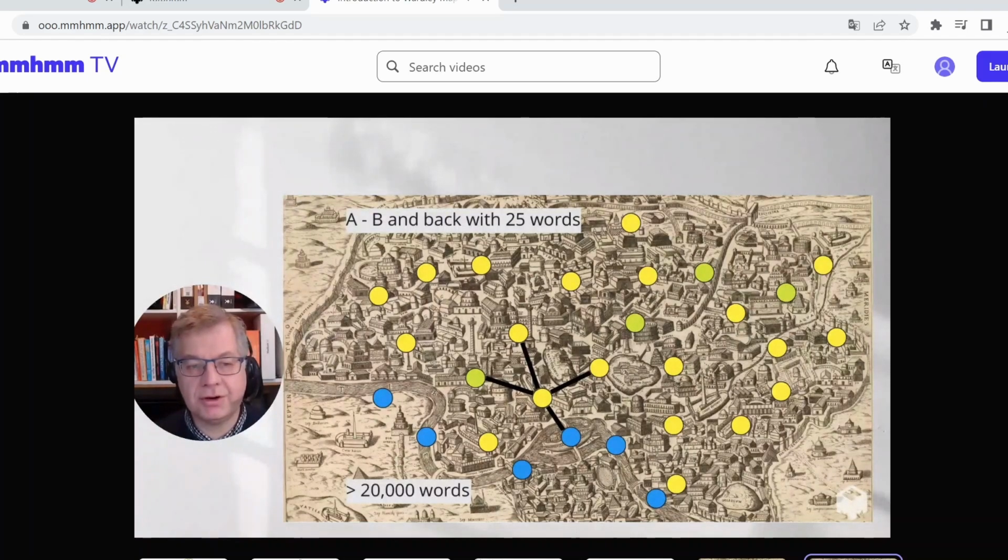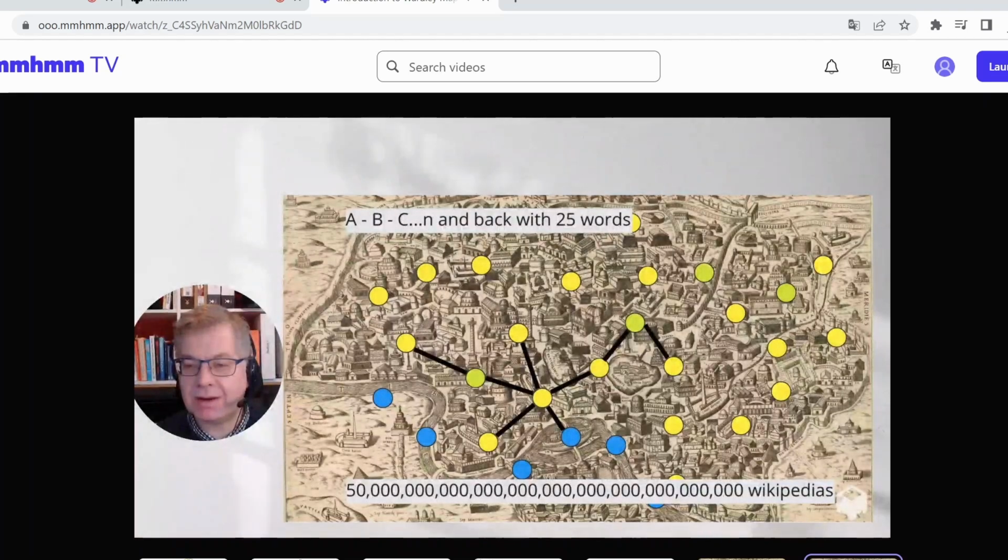Now if you would describe each journey from A to B and back again with 25 words, that's 20,000 words. And if you want to describe any of these 25 points on the map back and forth, each with 25 words, that is that number of Wikipedias to describe that in text. So a reason is that a map is useful, that it's a very condensed way to convey information.